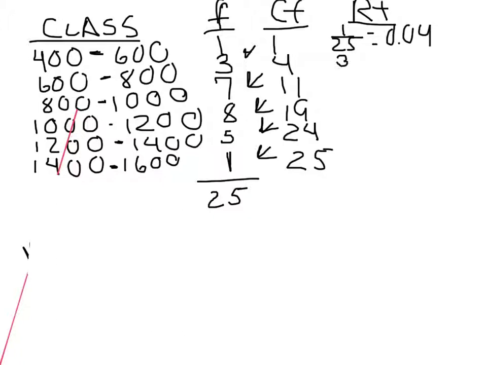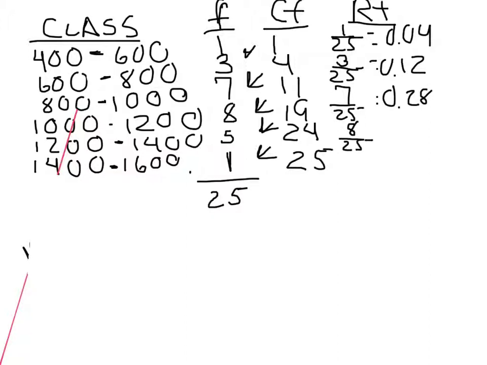Then 3 over 25 is 0.12. 7 over 25, which is 0.28. 8 over 25, which is 0.32. 5 over 25, which is 0.20.